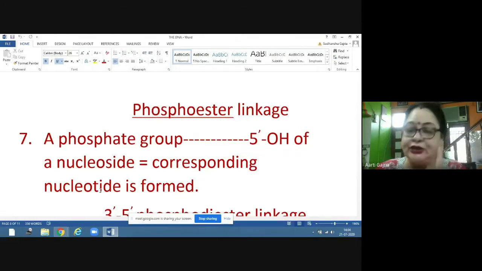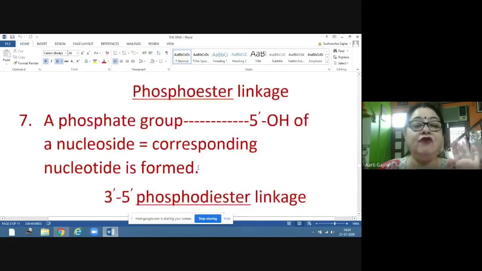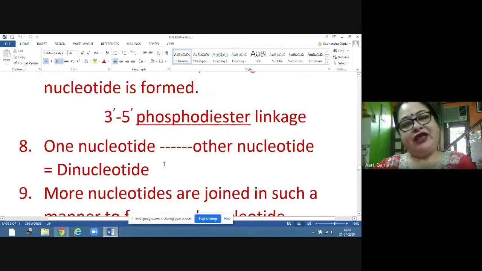The nitrogen base is joined with the pentose sugar by a bond called glycosidic linkage, and the phosphate group is joined to a nucleoside on the 5th carbon, and that is called phosphoester linkage. Clear? Now here one phosphate group is joined with the pentose sugar. Now one nucleotide is joined with another nucleotide.